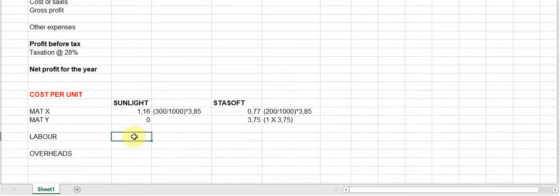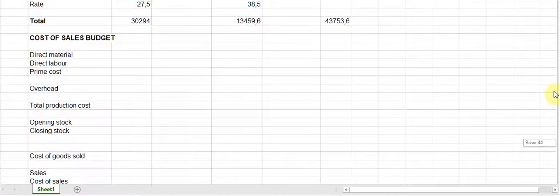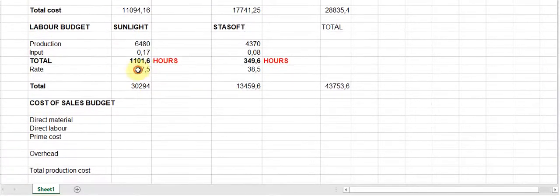Then we are on the labor. Again, the labor was given to us in minutes, 10 and 5 minutes, and we need to make sure that we also use the new prices. So again, I'm just going to highlight them in yellow so that I prevent myself from going back to the question and using the wrong value or the wrong rate.